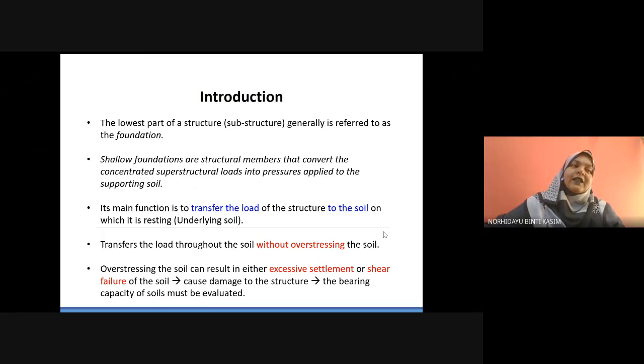Foundation is the lowest part of the structure, and the shallow foundation is the structure member that transfers the loads from the superstructure to the soil, which supports the structure.